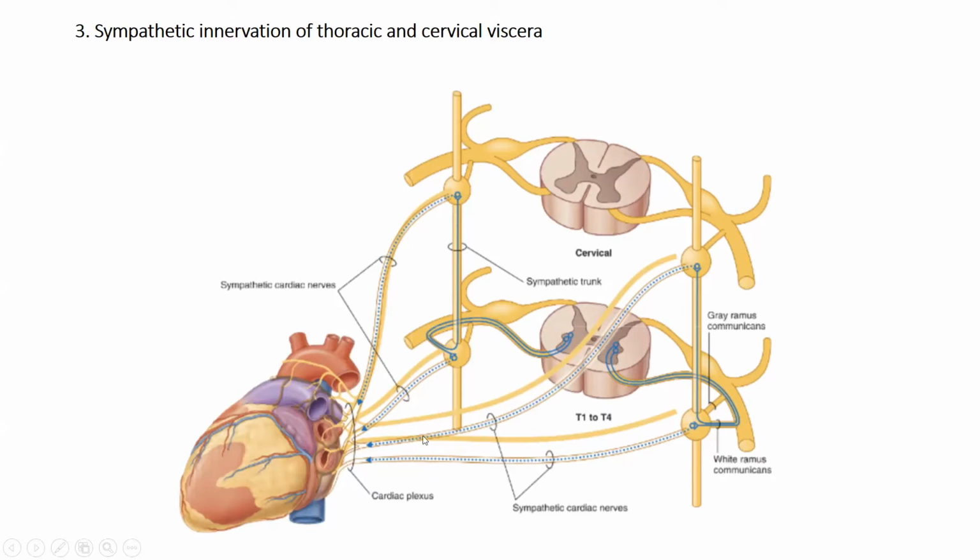Usually these visceral nerves join with the parasympathetic system and make the plexus. If you remember, we had the cardiac plexus, and then they reach the target organ, for example, the cardiac and pulmonary plexus.